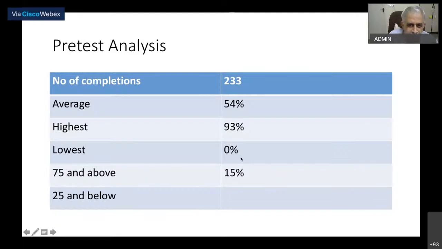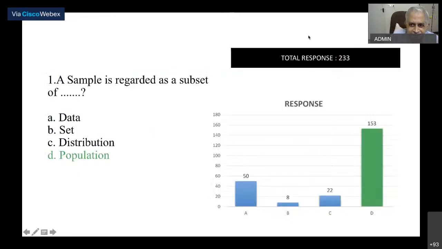Only 15% could score above 75, but in the post-test you expect more than 90% to score at least 80. So we thought, why not give the answers and go through them.